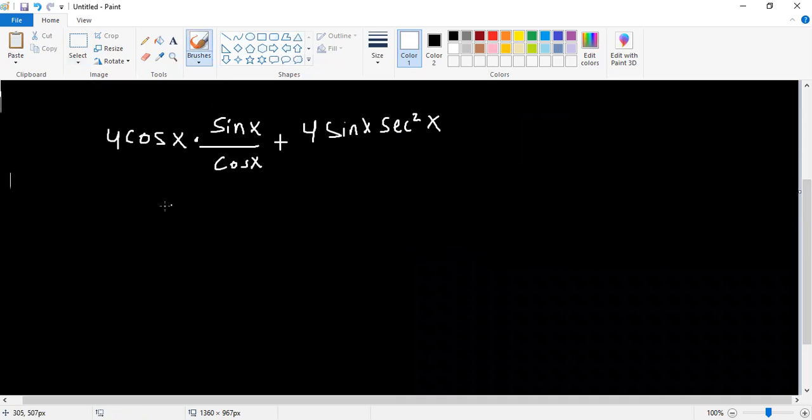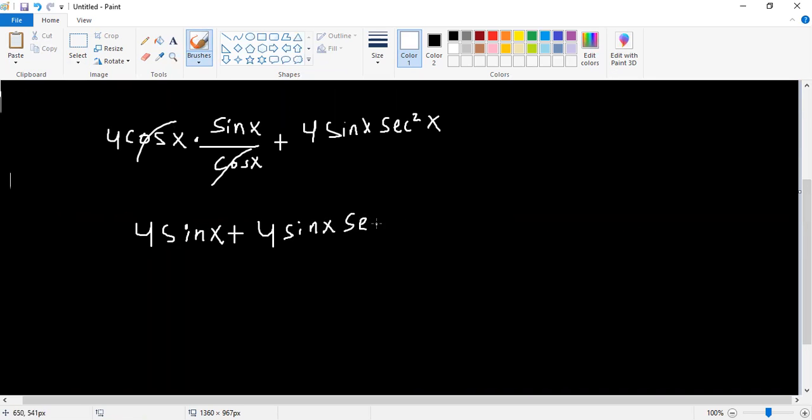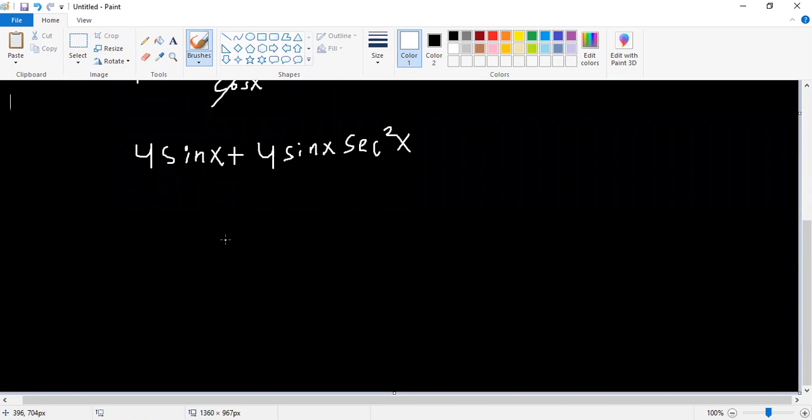And what we can do here is we can then cancel out cosine of x with cosine of x, and then we're just left with 4 sine of x plus 4 sine of x secant square of x. Now this is significant because what we'll do here is we'll actually be factoring out 4 sine of x, something we actually have in common.